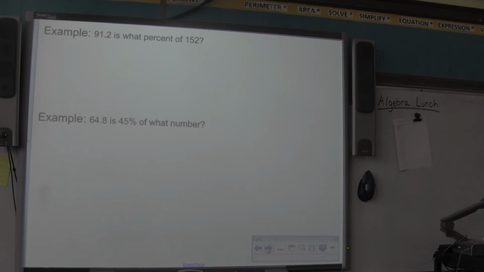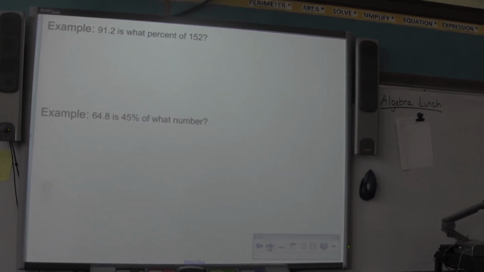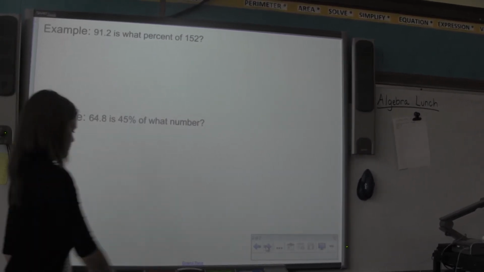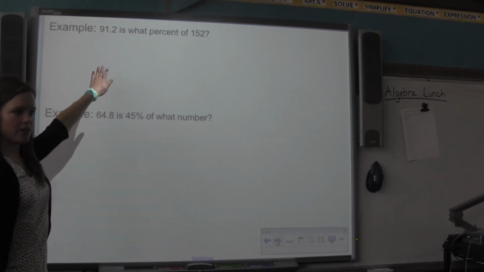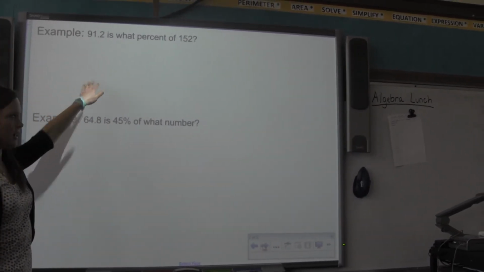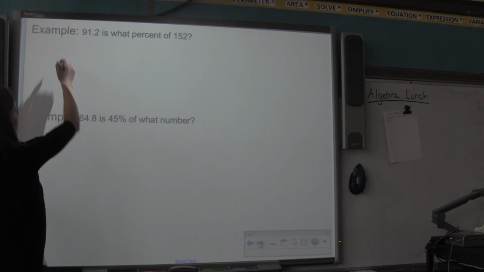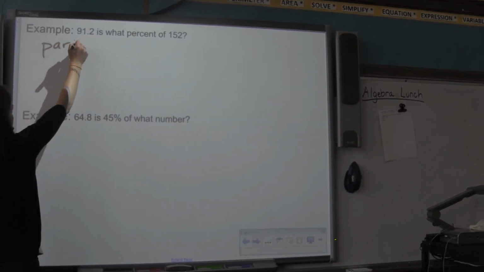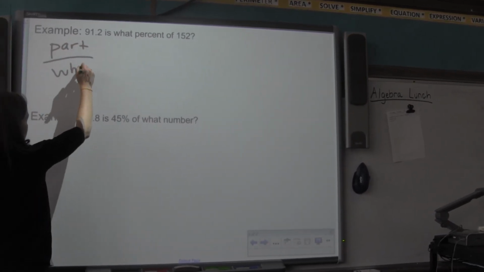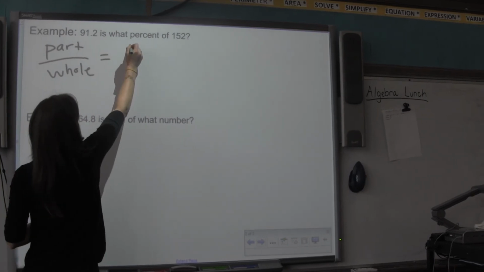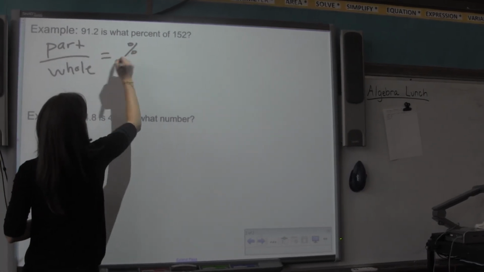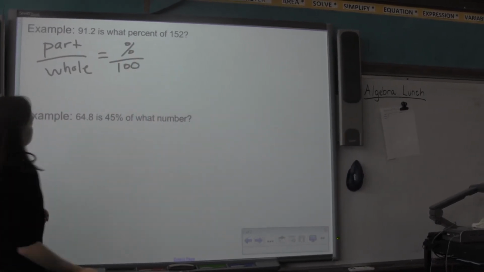All right, so this next one, 91.2 is what percent of 152? I'm going to draw that ratio, the equivalent ratios that I had before, so I remember what goes where. Remember that you have your part over your whole is equal to the percent out of 100.